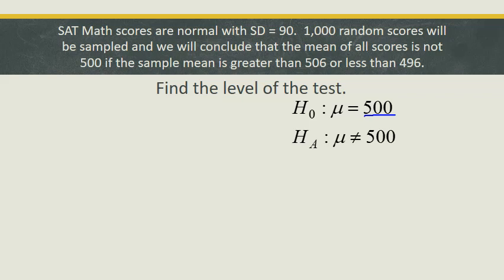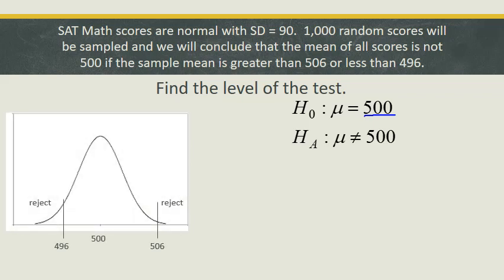This is called a two-tailed hypothesis. The distribution looks like this under the assumption that the mean is equal to 500. In this question, we're told what the critical values are. We would reject if the sample mean is greater than 506 or less than 496.